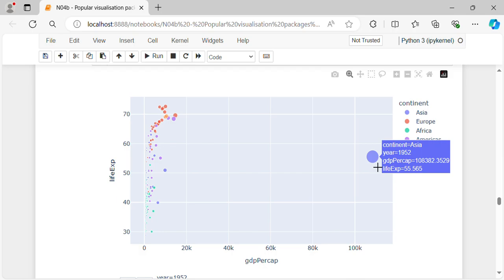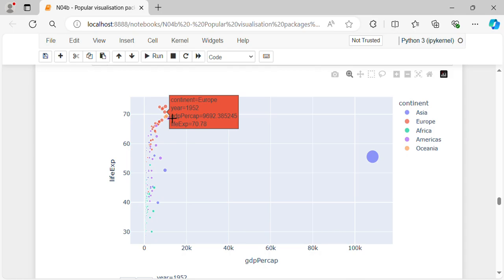Life expectancy is about 55.565. The red ones show the highest life expectancy, and that's for the continent Europe.